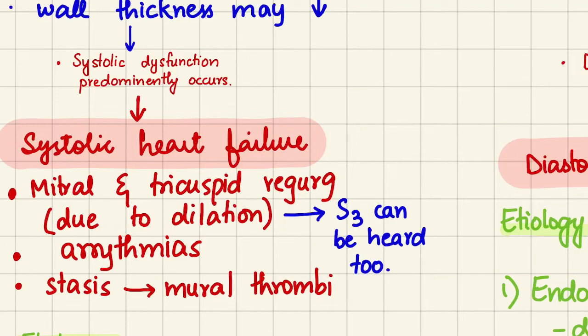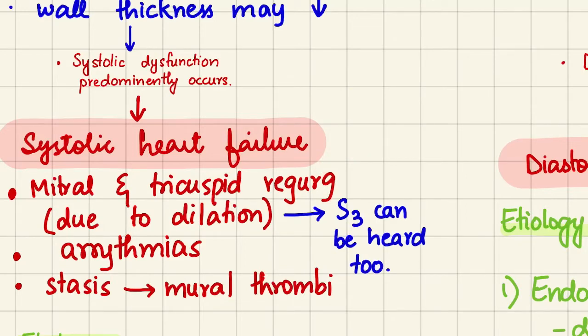Now, why is that? Because once we have valve dilation, the two flaps of the valve will not be able to approximate properly, and they will not be able to close properly, and when there is a contraction of the ventricle, they will cause blood to regurgitate back into the atria.